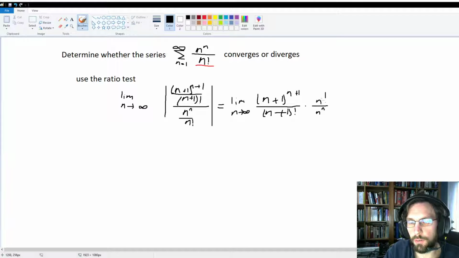One of the things you saw in another video is that the n factorial cancels with the n plus 1 factorial, which is why we like to use the ratio test here. We also have an n plus 1 here with an (n plus 1) to the n plus 1 up here, so we can cancel one of the n plus 1s.